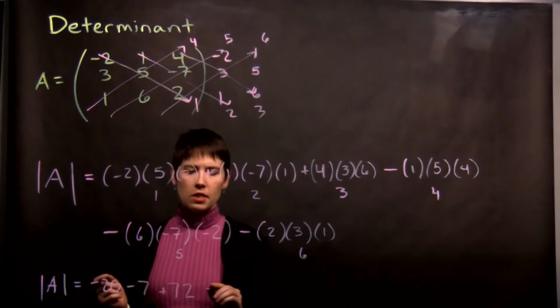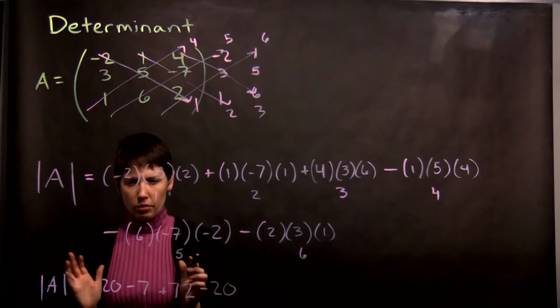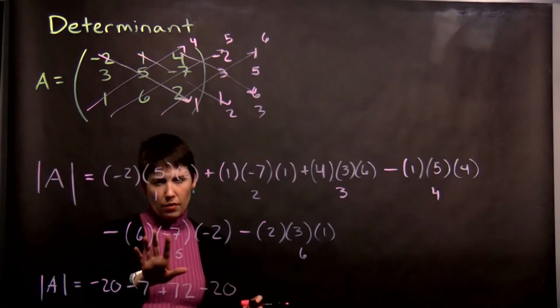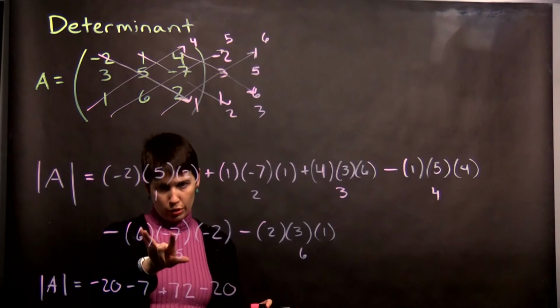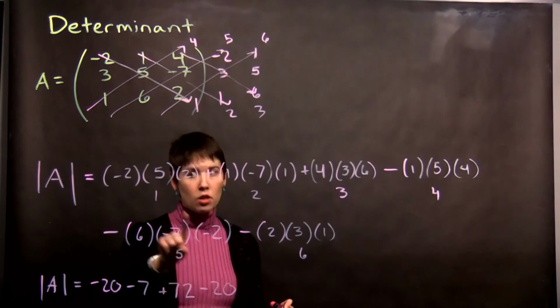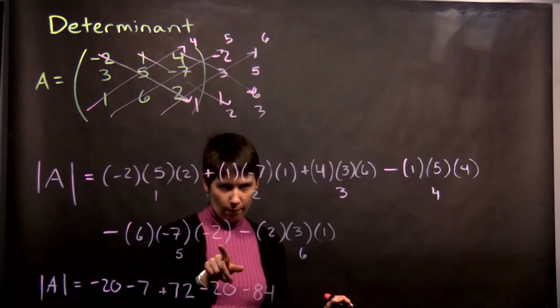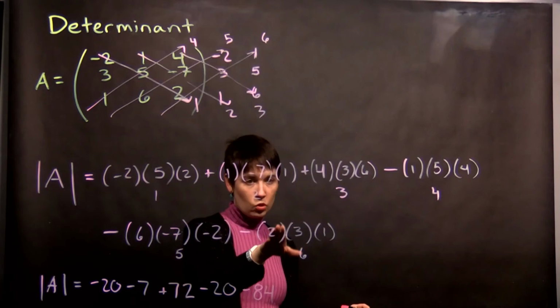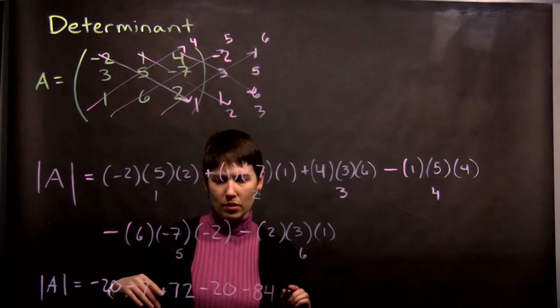And then -20. And now in this case, this is where you have to be careful. Okay, so 6 times 7 is 42, negative. So -42 times -2 would be +84 with another minus sign. Okay, and then 2 times 3 times 1.